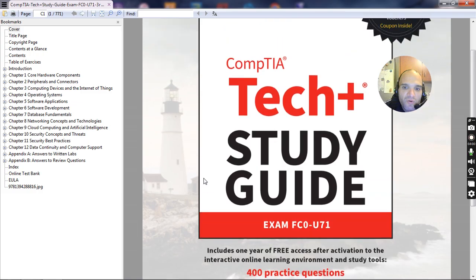A few things. The second thing is that the Tech+ is a vendor-neutral certificate.